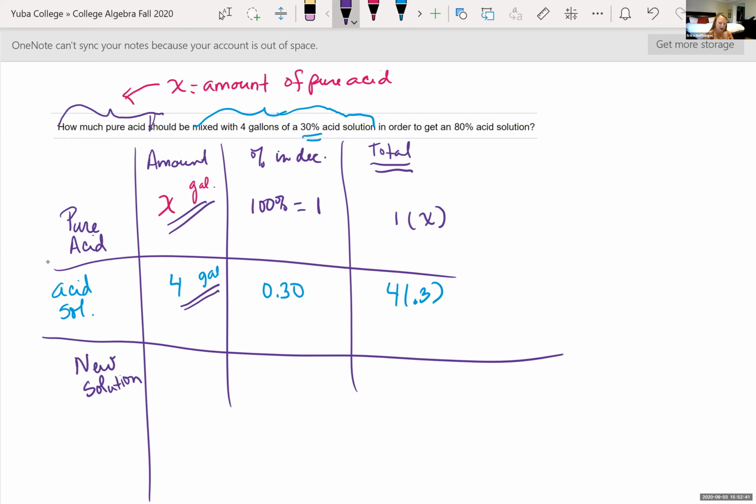And so our new solution will have the 4 gallons plus the amount of pure acid we added. And we want it to be an 80% solution, so 0.8. And so of this, we have 0.8 times 4 plus X.